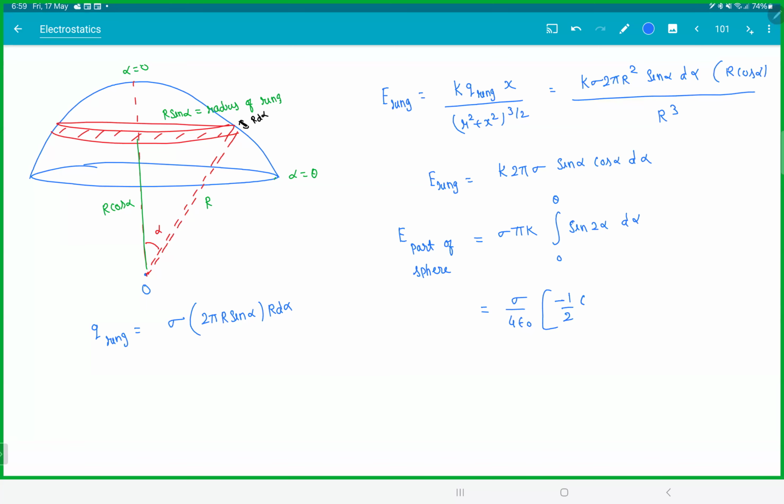Minus 1 by 2 cos 2 alpha. Limits will go from 0 to theta. So sigma by 8 epsilon, cos 2 alpha, cos 0 is 1, so 1 minus cos 2 theta. Sigma by 8 epsilon times 1 minus cos 2 theta. That's your result.